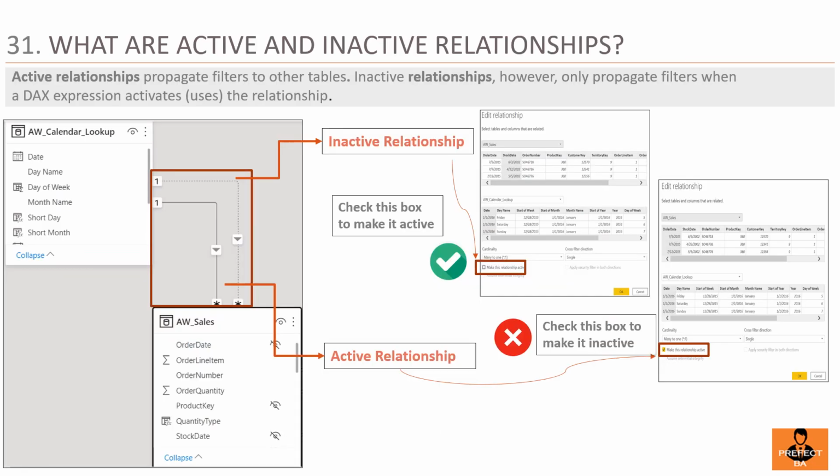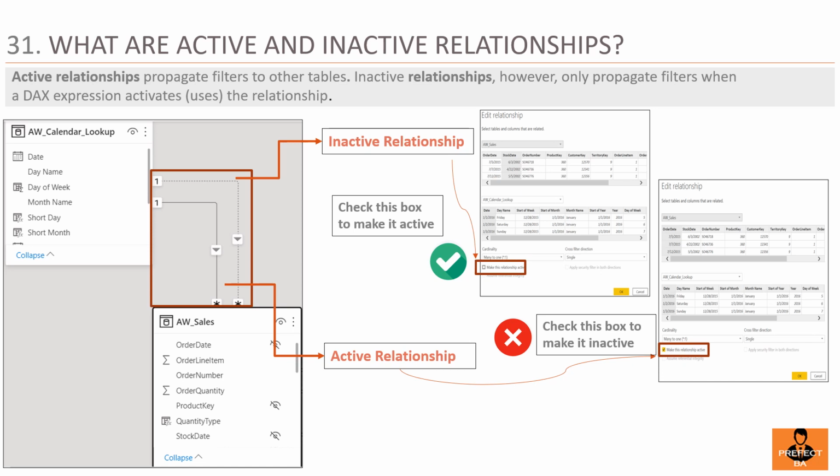Question number 31. What are active and inactive relationships in Power BI? Active relationships propagate filters to other tables. Inactive relationships, however, only propagate filters when a DAX expression activates or uses the relationship. We will learn more about DAX in the upcoming sections.